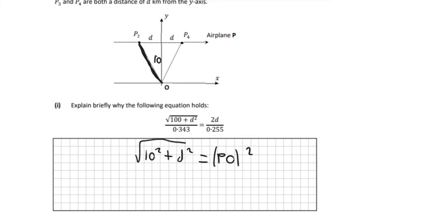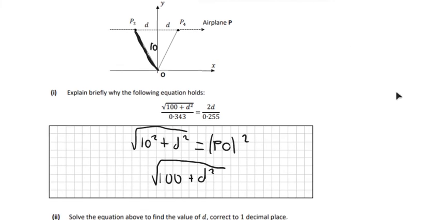But then to get what PO is, you do square root of all of that. So that's 10 squared, remember, is the same thing as 100. So that's where your 100 plus d squared comes from.